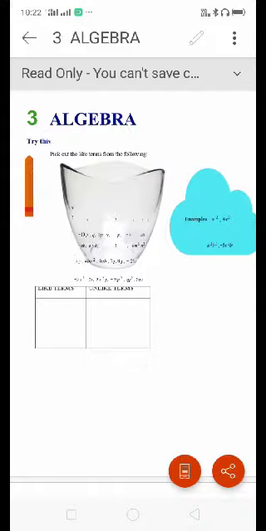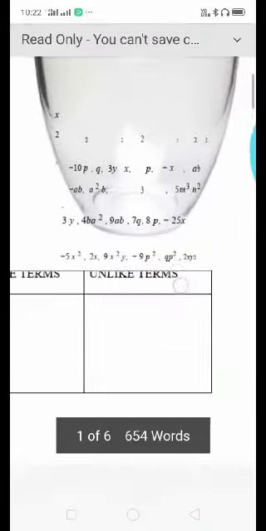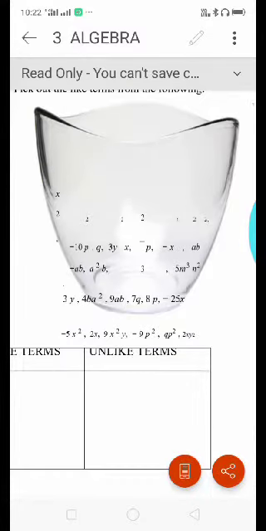If not, you just open your 7th standard book and go through the lesson algebra. Here in the cup, I have put some letters for you. These are constants, variables. This picture is taken from your book only. So now you open the book, go to the lesson algebra, turn the page and try this workout.